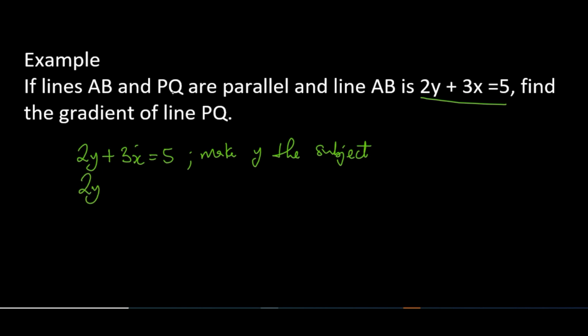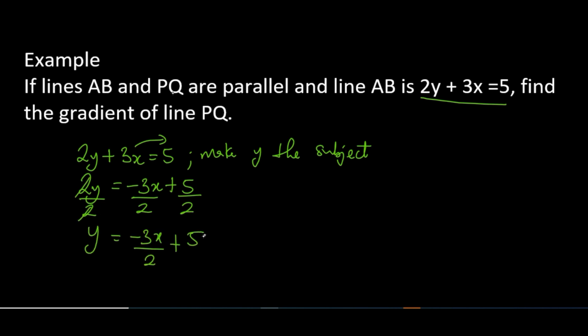So it will be 2y. Now we take the 3x to the other side. We have -3x plus 5. We divide everything by 2. So we have y equals -3x over 2 plus 5 over 2.